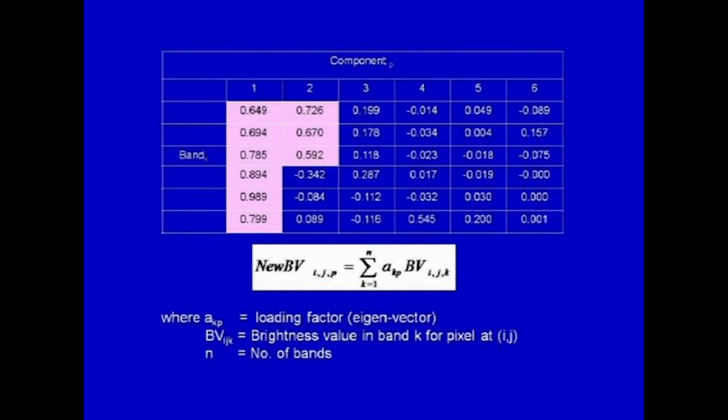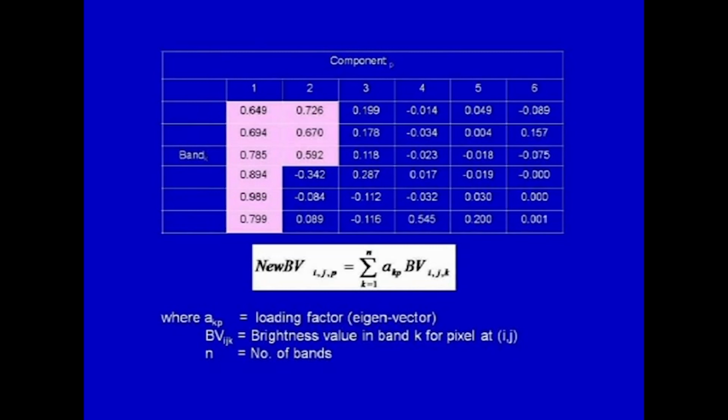What we can now understand is that a 6 band data set has been compressed into 2 information bands, with all the information preserved very effectively.